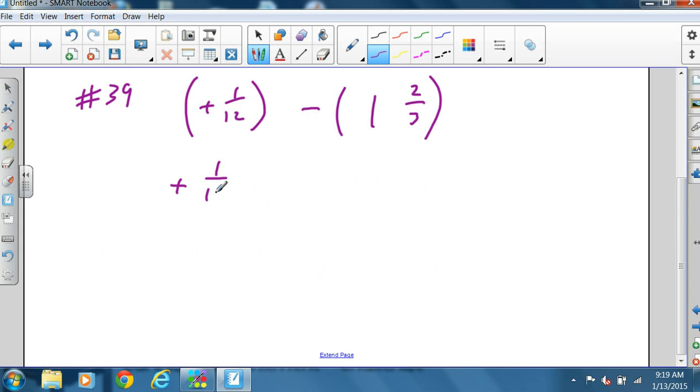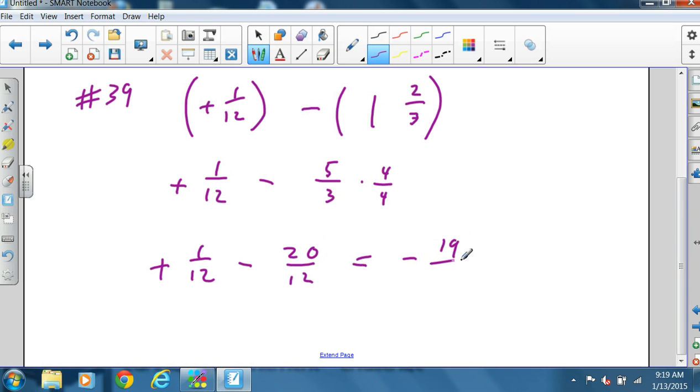So we get 1 over 12. We change this to an improper fraction. 3 times 1 is 3, plus 2 is 5 over 3. We multiply top and bottom by 4 over 4, and we get 1 over 12 minus 20 over 12, which is going to be minus 19 over 12.